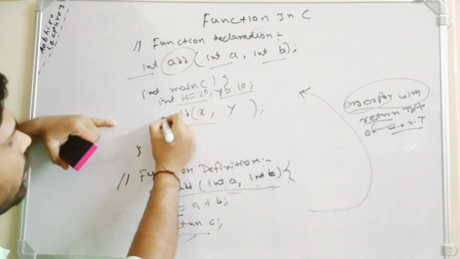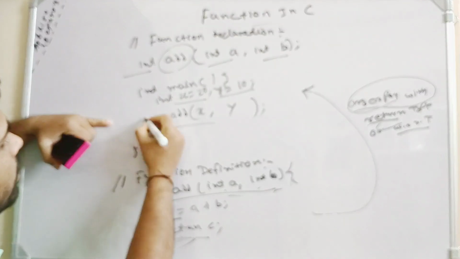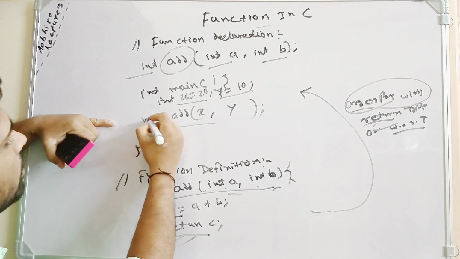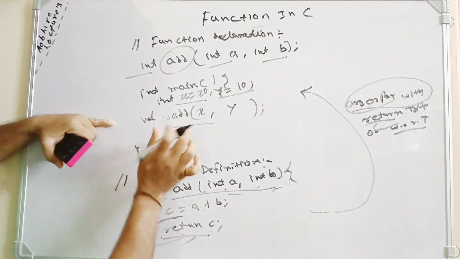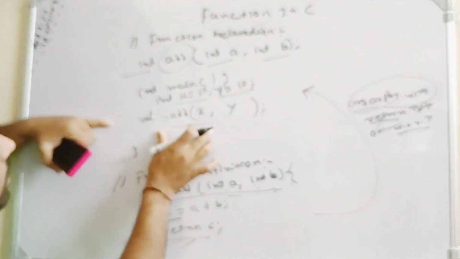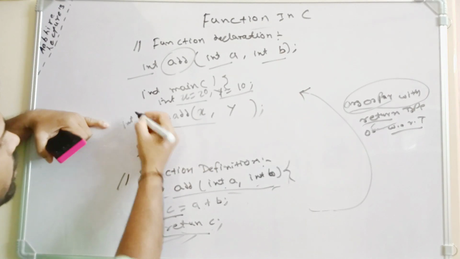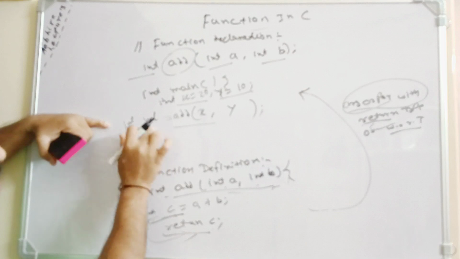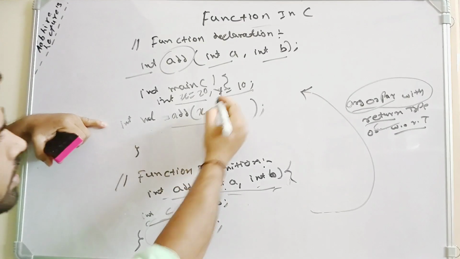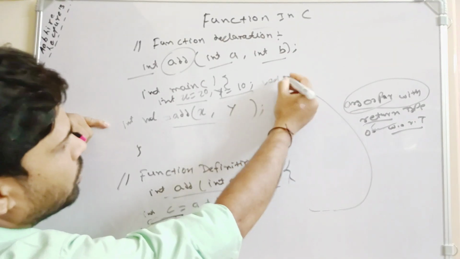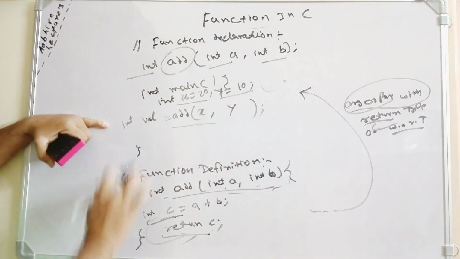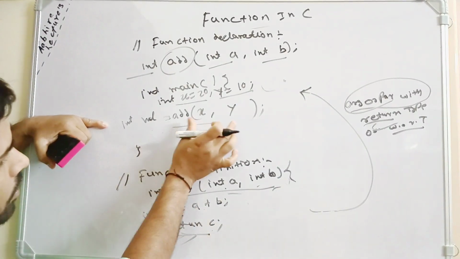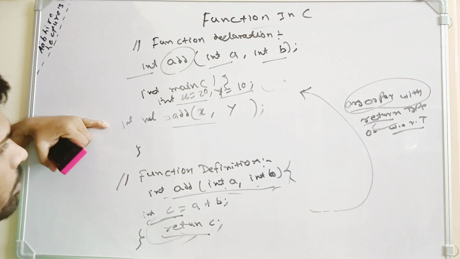For that I am creating one variable and storing the result in it. We have to declare it as an integer variable, so I am declaring it here, though you can declare it elsewhere too. And I am storing the function call in it.